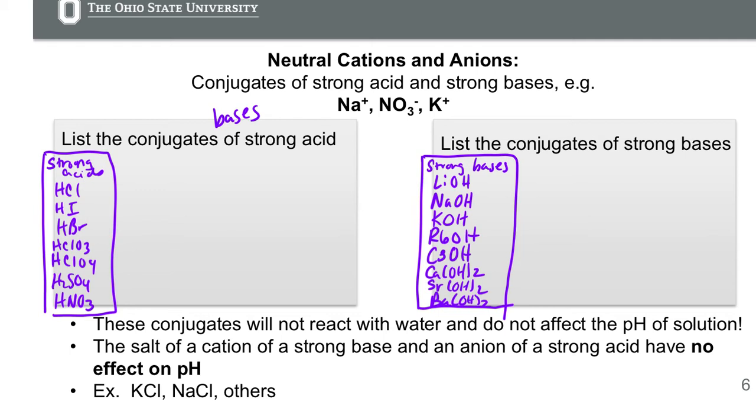So our conjugate bases are going to be Cl-, I-, Br-, ClO3-, ClO4-, HSO4-. Watch that one, because that second deprotonation is a weak acid. So this is the conjugate base, and it only differs by 1 proton from H2SO4. And then NO3-.